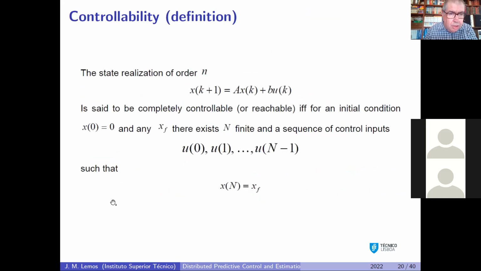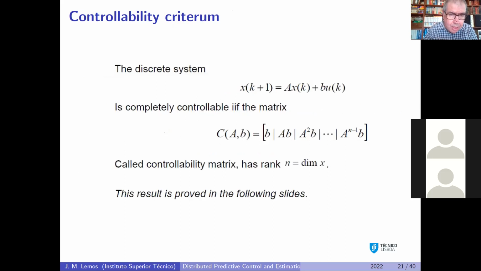We have the concept of controllability. A pair (A, B) is controllable if, starting from the origin, I can reach an arbitrary point. That's the definition, and remember that you should start from the origin and reach any point. So I also call this controllable or reachable, because I can reach something starting from the origin. Now, in practice, I want to have a criterion.